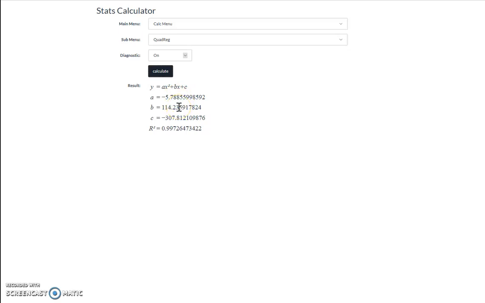I'm going to go right here for the value of B. We have 114.24 because that 5 is going to cause the 3 to bump up. And then we're going to look right here, and C has a value of negative 307.81. And that's because the 2 is not going to cause the 1 to round up. All right, so I think I've got my numbers down.